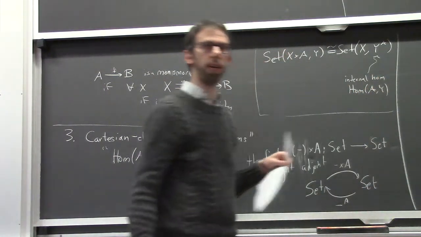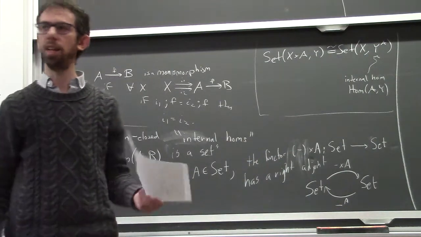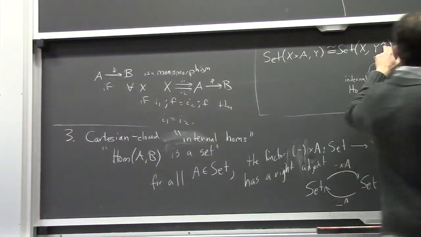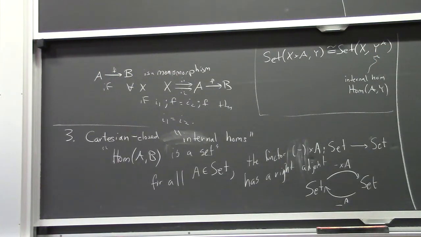It's just shorthand for Y to the A. It has the right cardinality. If A has cardinality little a and Y has cardinality little y, this would have cardinality little y to the little a.